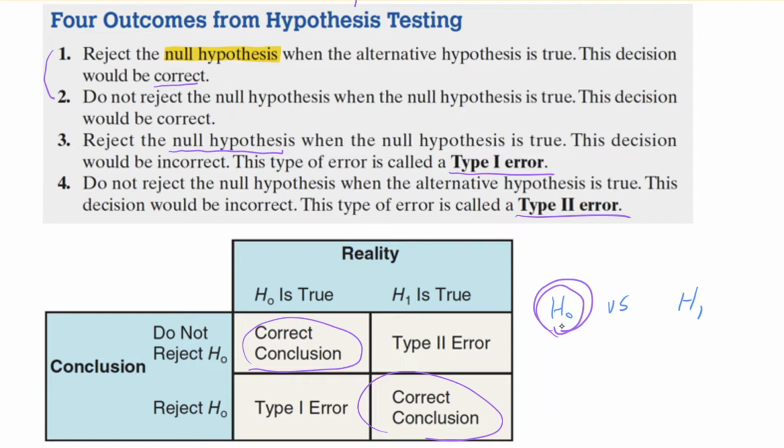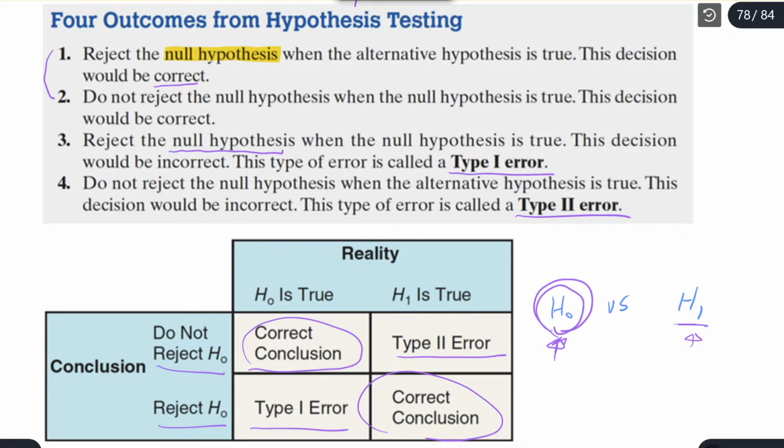But it is possible that, let's say, I don't reject H naught, but in fact H1 was true. Then we get a type 2 error. If I rejected H naught, but in fact H naught is actually true, then we get a type 1 error. So this is something we want to avoid. We want to avoid type 1 and type 2 errors, especially type 1.